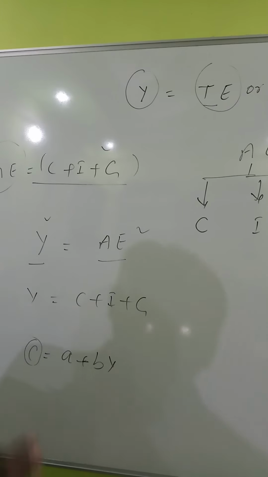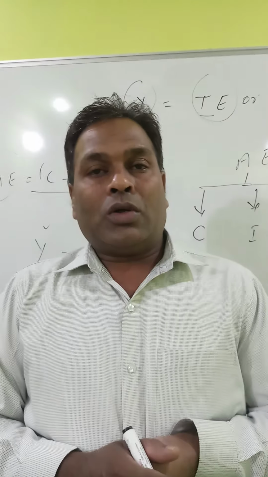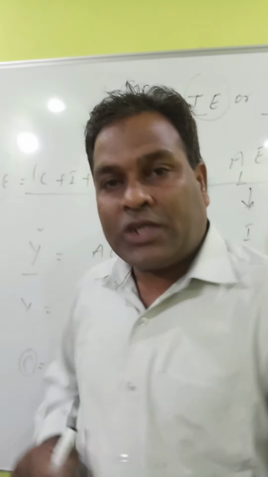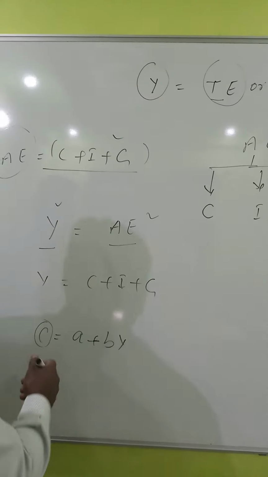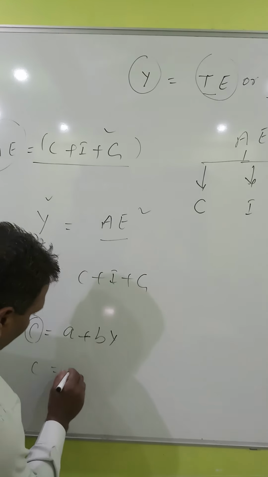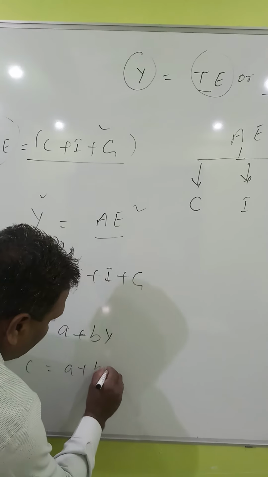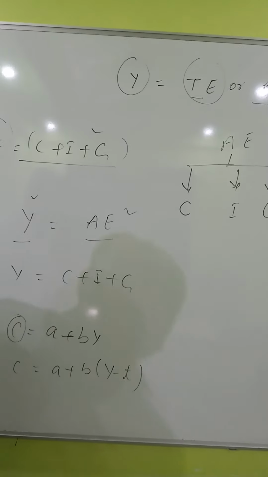Now you should be cautious in this regard: if you are going to adjust the tax amount also, then this equation would be changed and written as follows. Then this equation will be C is equal to a plus b into (Y minus T). T stands for taxes.